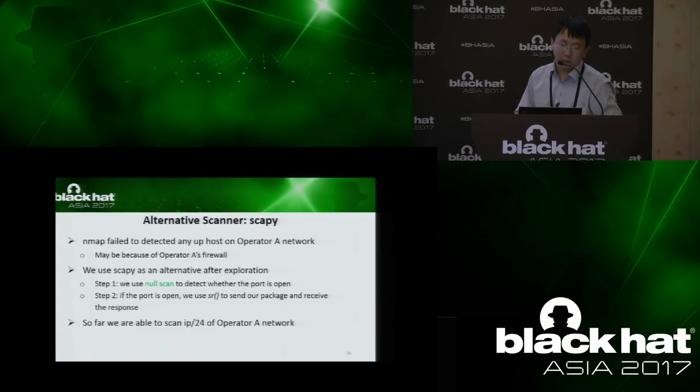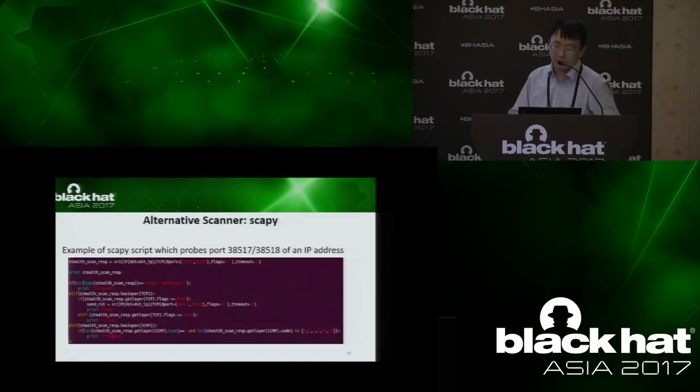The first step is we use an ARP scan, to test the liveness. Then, if the port is open, we use another API in Scapy to send our payload and get a response from the device on the IP address. So far we are able to scan this subnet of operator A.